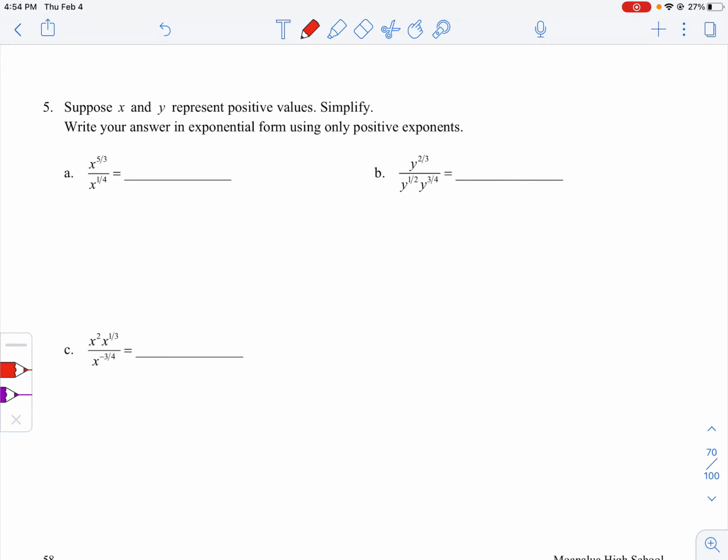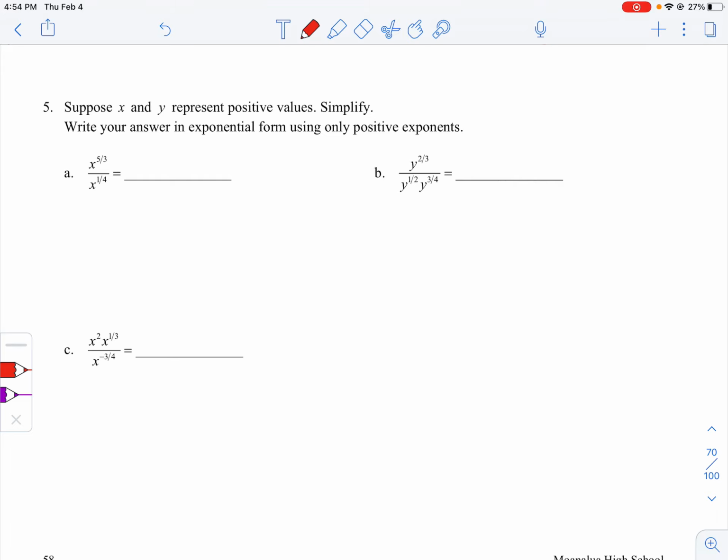I need you guys to remember, when you divide same variables, x divided by x, y divided by y, z divided by z, because they have the same base, you will subtract the exponents. When you multiply, you add the exponents. Divide means subtract, multiply means you add the exponents.